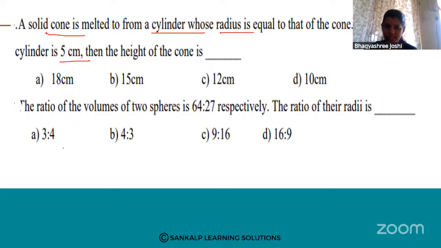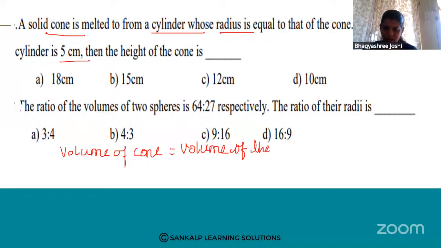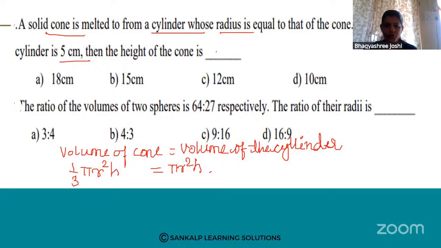That means the shape is changing, so volume of the cone is equal to volume of the cylinder, right? Volume of the cone is 1 by 3 pi r square h, and volume of the cylinder is pi r square h. Okay, so one thing you should observe, that is radius is equal to that of the cone. Okay, so radius is equal here.